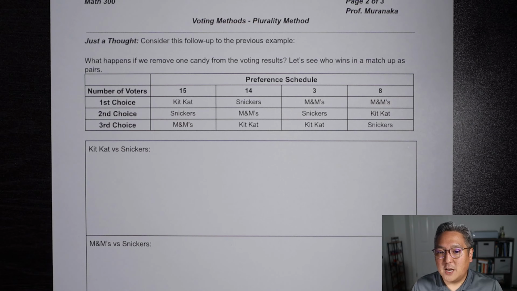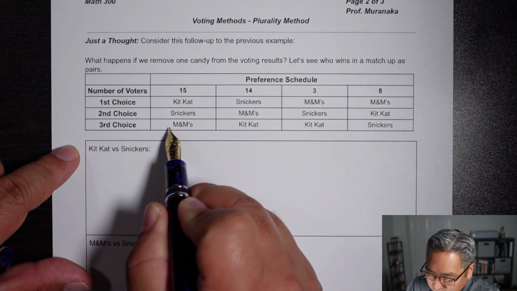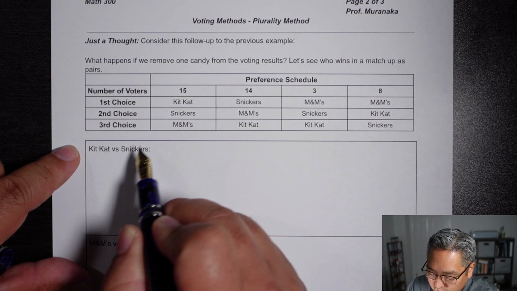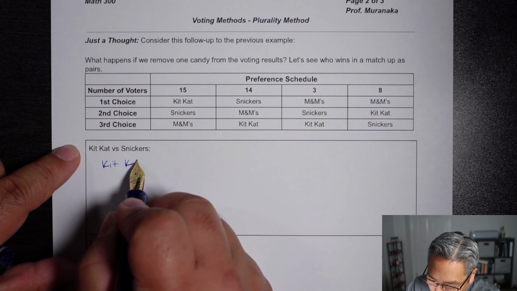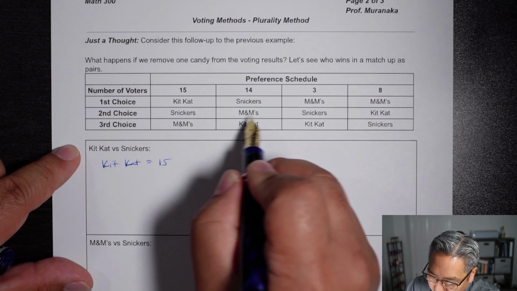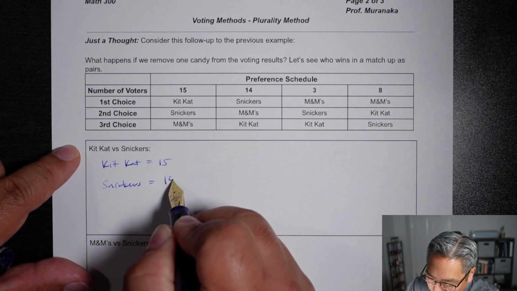What happens if we remove a candy from the results and then pair them up and see how they do? So if I were to not look at the M&M results at all, I would say M&M's gone. I only have Kit Kat and Snickers. That tells me that if I only have Kit Kat versus Snickers, Kit Kat would have gotten those first 15. If I don't have M&Ms here, then Snickers would have got those 14, right?